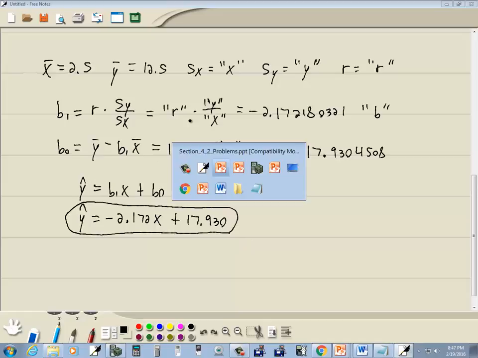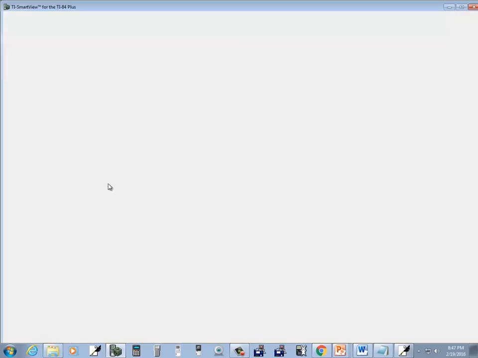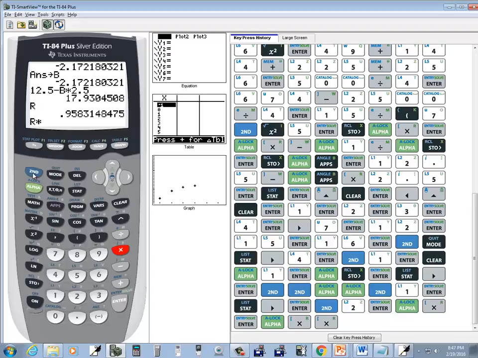So then I got R. So I do alpha R times S sub y, which I stored in y, divided by alpha x.